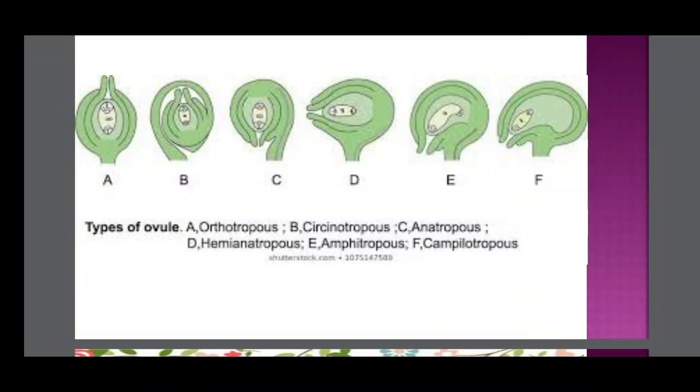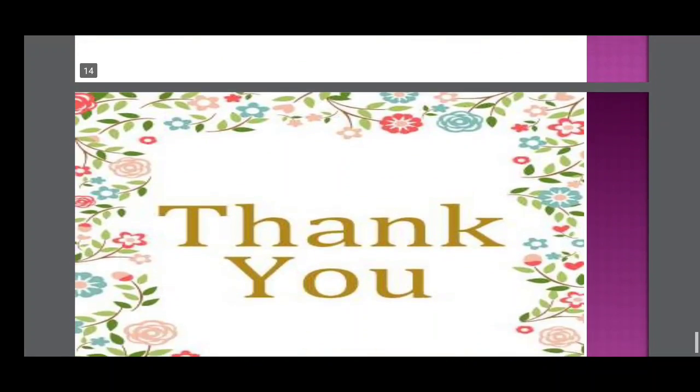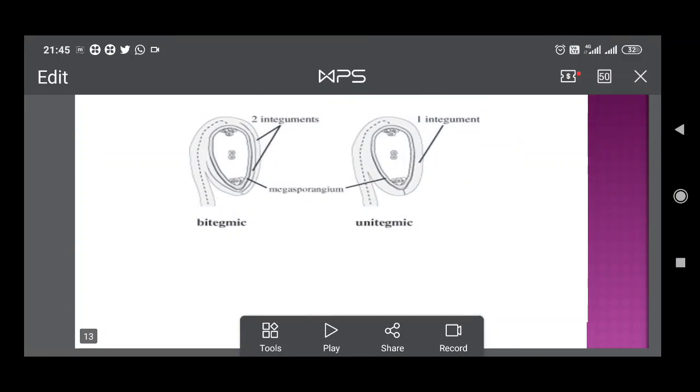So you can see that both have a curved ovule body on the funicle, but in the amphitropous the embryo sac also shows a curve, whereas in campylotropous it doesn't. The embryo sac doesn't show a curve. This is the main difference between amphitropous and campylotropous. These are the ovule types. Thank you very much, students.